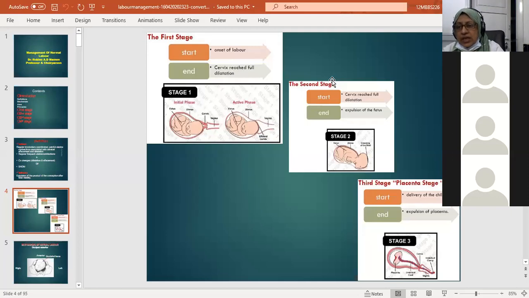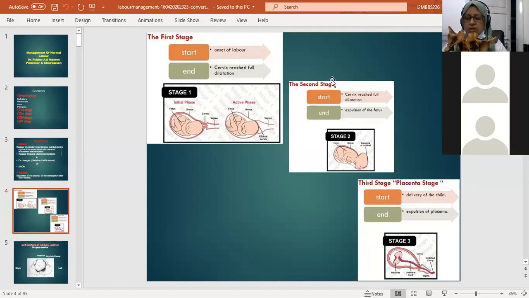When the posterior fontanelle faces the pubic symphysis and the anterior fontanelle faces the sacrum, we call it occiput anterior.